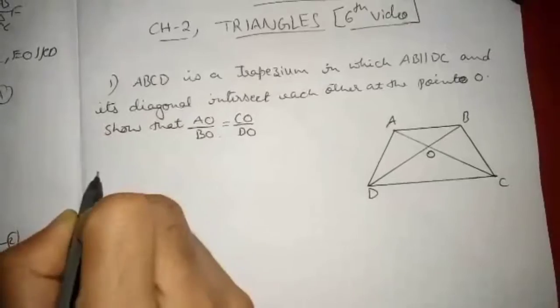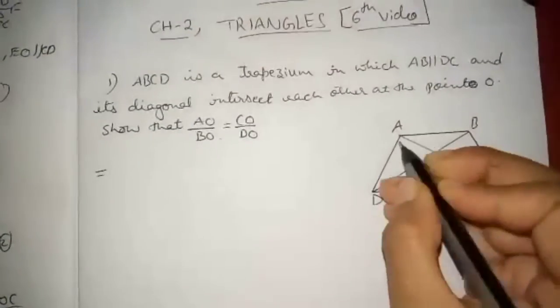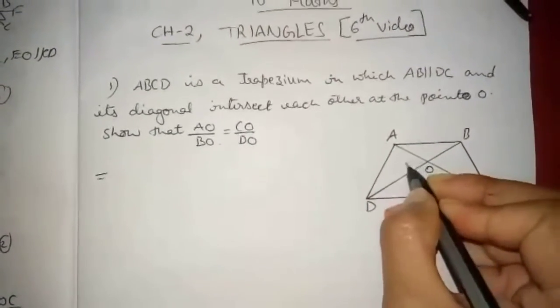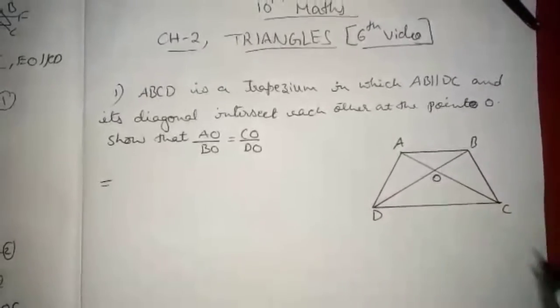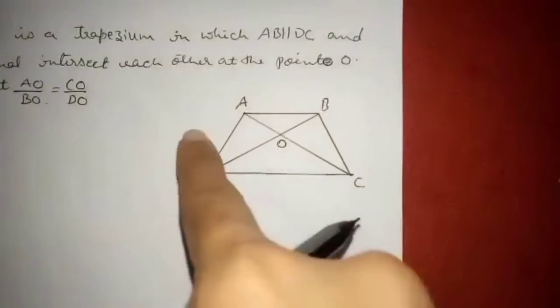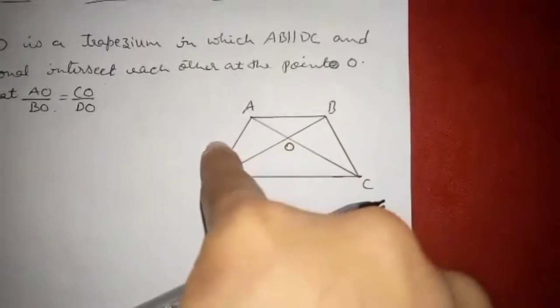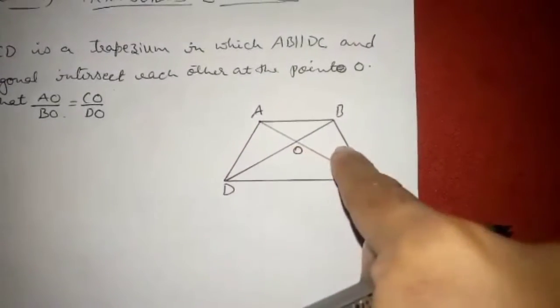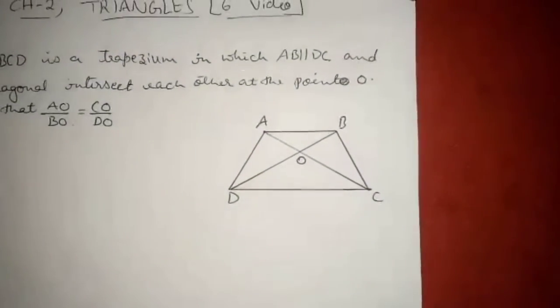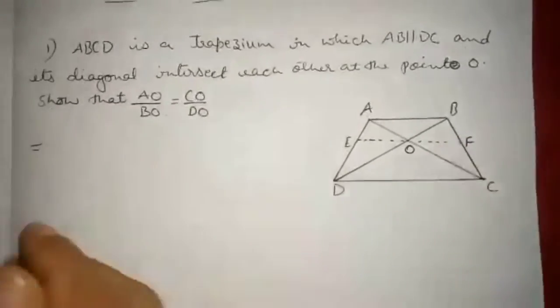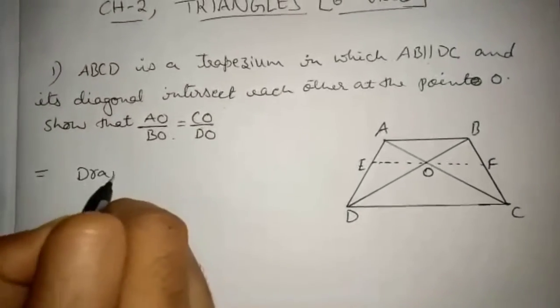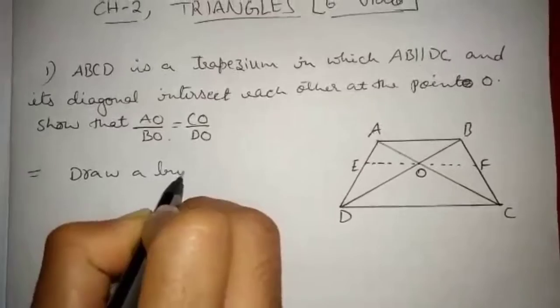First, for proving this, we'll draw a line EOF through point O, parallel to DC.